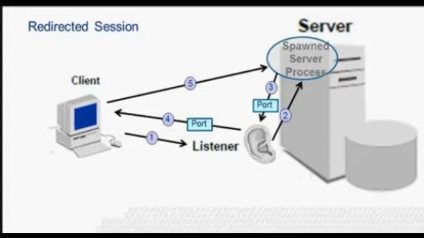The new process selects a new port from the list of user-defined ports and passes this information back to the listener. The listener inserts this new port into a redirect packet and sends it back to the client, and the original TCP socket between the client and the listener is then reset.